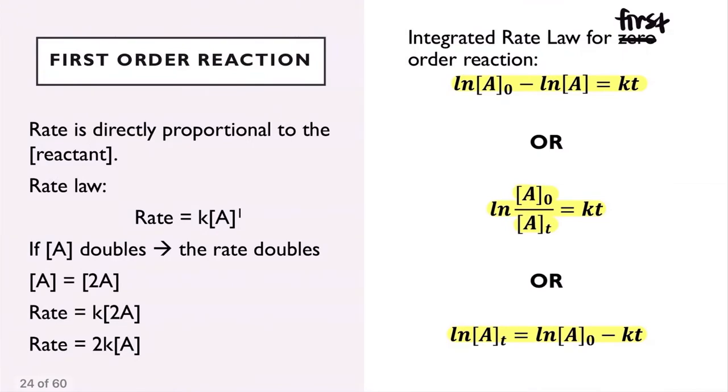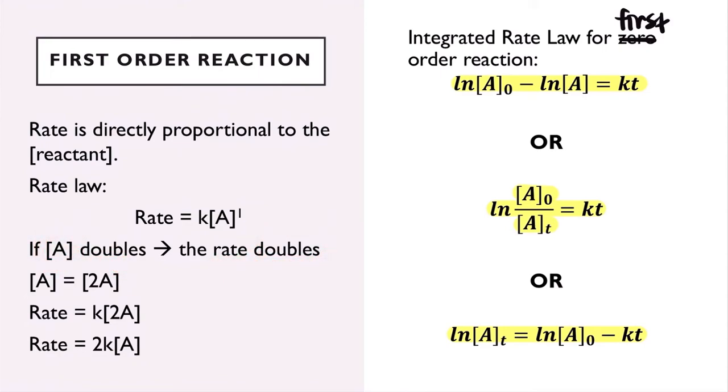Okay. Next is first order reaction. So for first order reaction, the rate is directly proportional to the reactant. So maksudnya, if you double the concentration of your reactant A, then the rate will follow je. It will double.